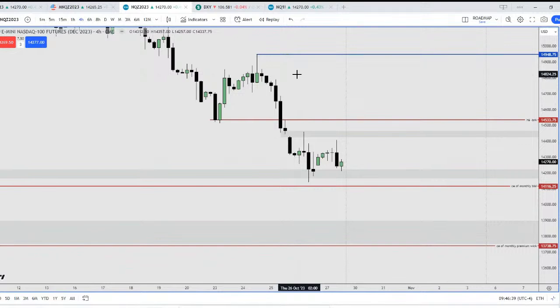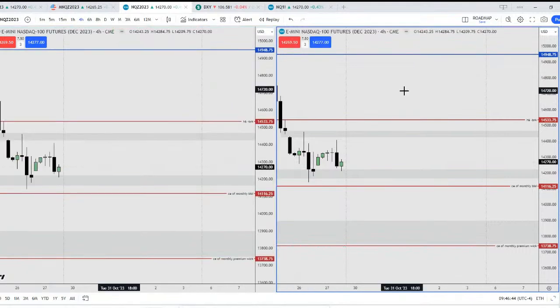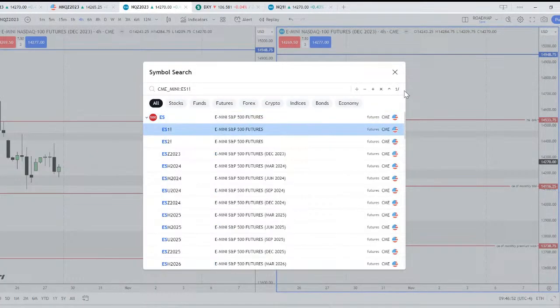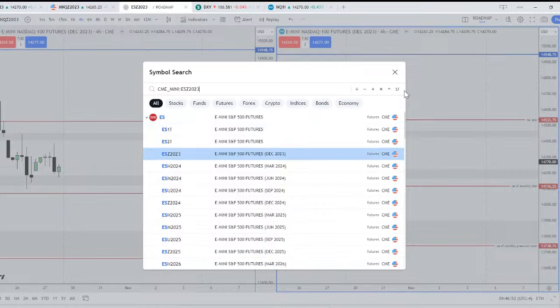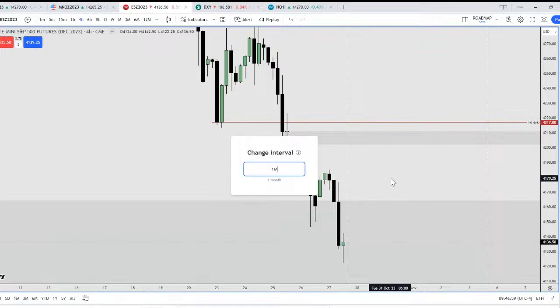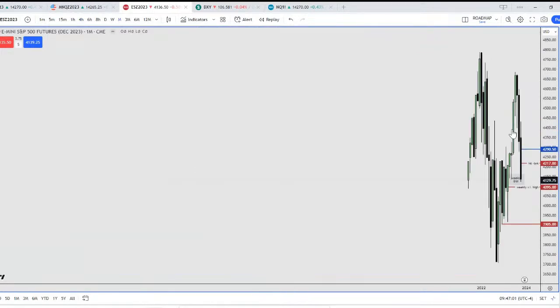Now let's head over to ES. Same thing, starting from the monthly.